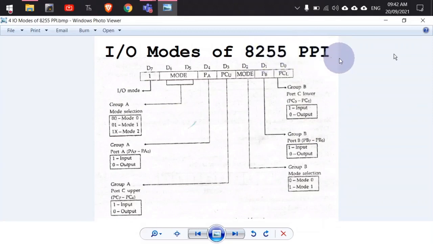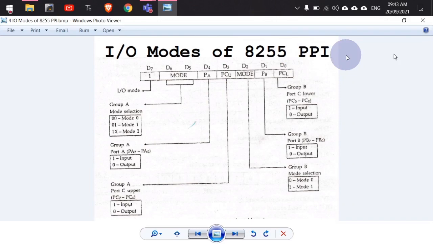Later you will remember that this is the 8255 programmable peripheral interface, because we are going to read 10 to 12 such ICs which will be interfaced to our microprocessor to make it a complete microcomputer system, and everyone has a purpose. Because everyone has a purpose, we can abbreviate their names, and this abbreviation should always be used. So make it a habit: whenever you say 8255, PPI should automatically be said together with it.